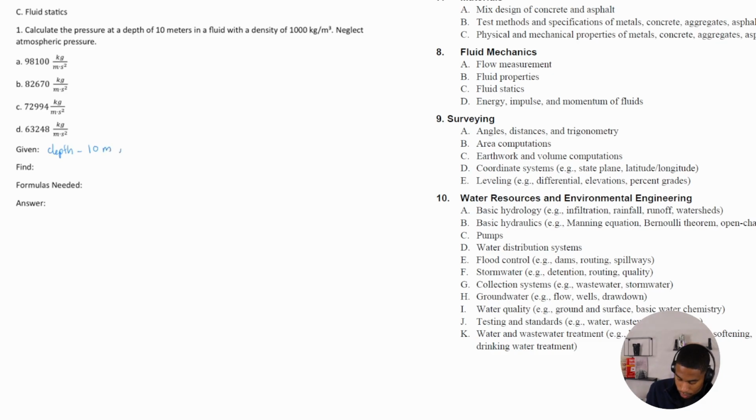We're also given the density. That's the symbol rho. But the density is 1,000 kilogram per meter cubed. All right. And it says neglect atmospheric pressure, or ATM.